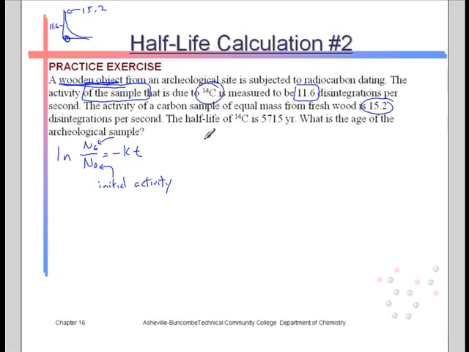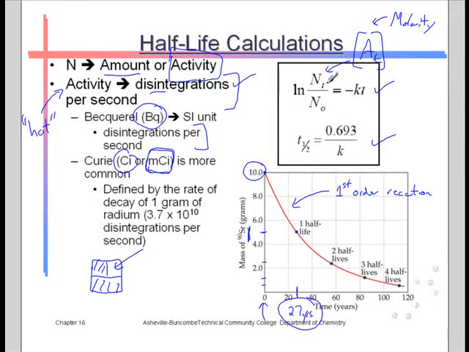Anyway, the half-life is given to you. So T 1/2 is 5715 years. So it's a pretty long half-life. And so when you do these calculations, it's really a combination of both of these equations. A very common technique, like in the problem that we're looking at now, is that the T 1/2 is given, the k is not.